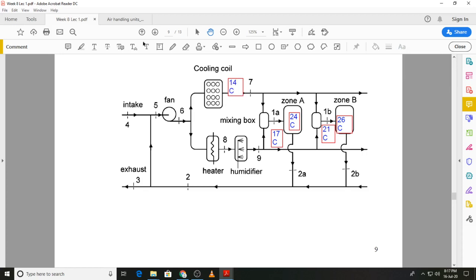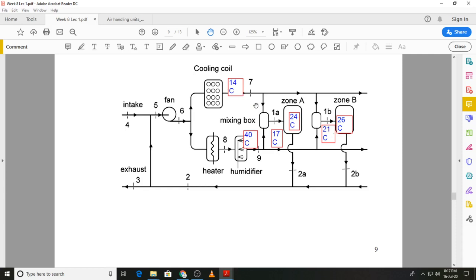We have 14 degrees C over here, and the air that is heated and humidified has a higher temperature, 40 degrees C. What we want to do is now provide air to zone A at 17 and zone B at 21 degrees C respectively.